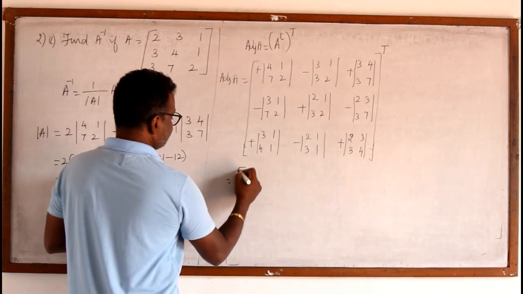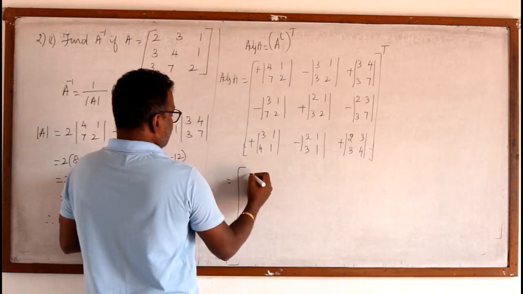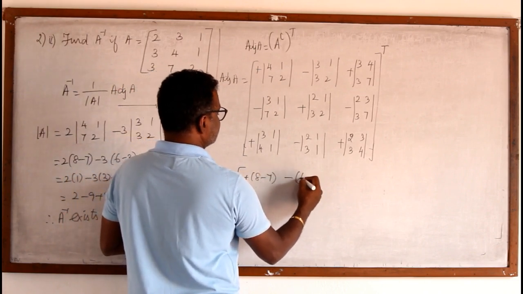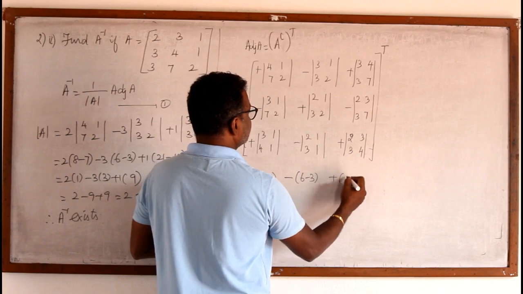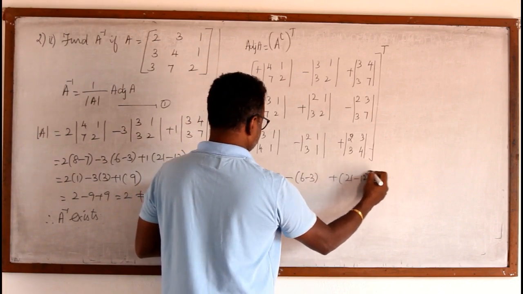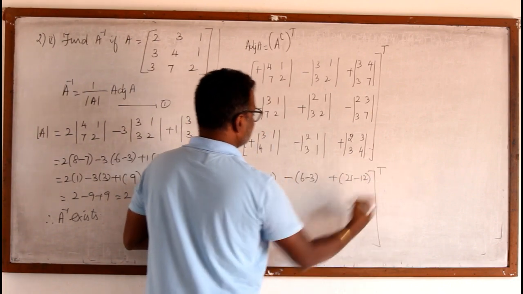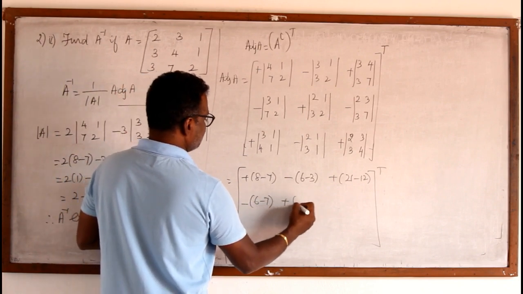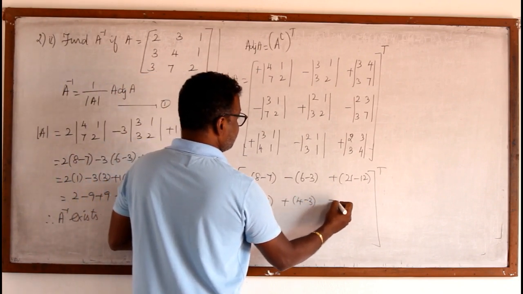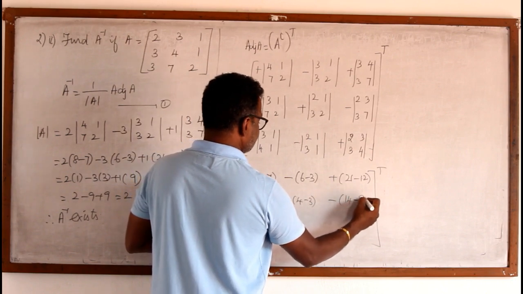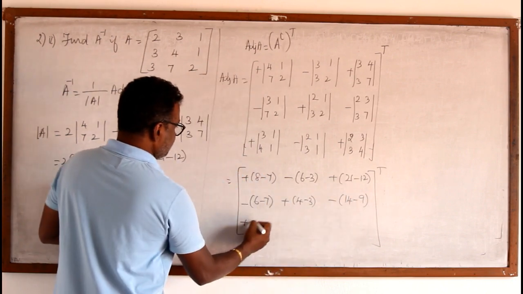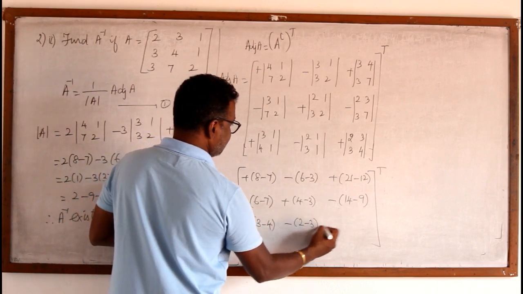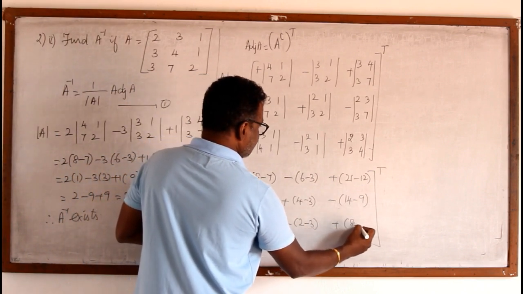So it is plus 8 minus 7, minus 6 minus 3, plus 21 minus 20. The transpose: minus 6 minus 7, plus 4 minus 3, minus 14 minus 9, plus 3 minus 4, minus 2 minus 3, 8 minus 9.